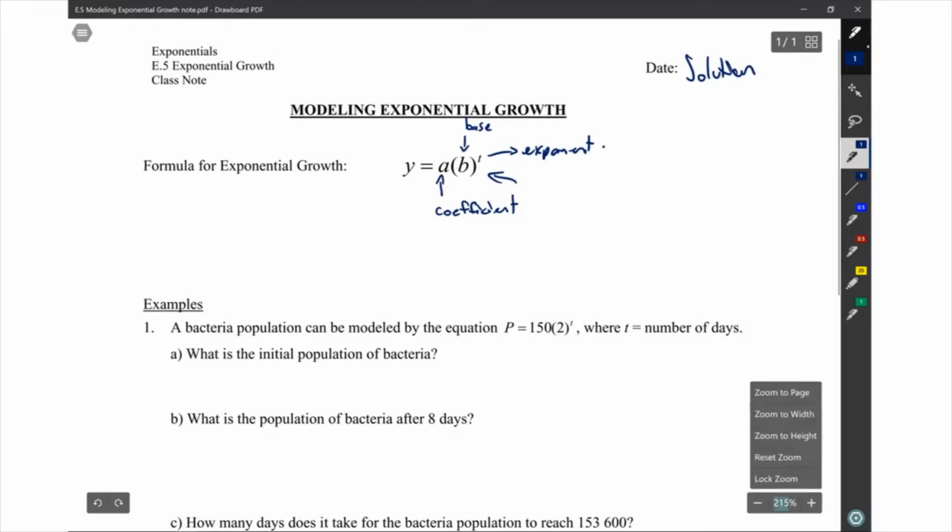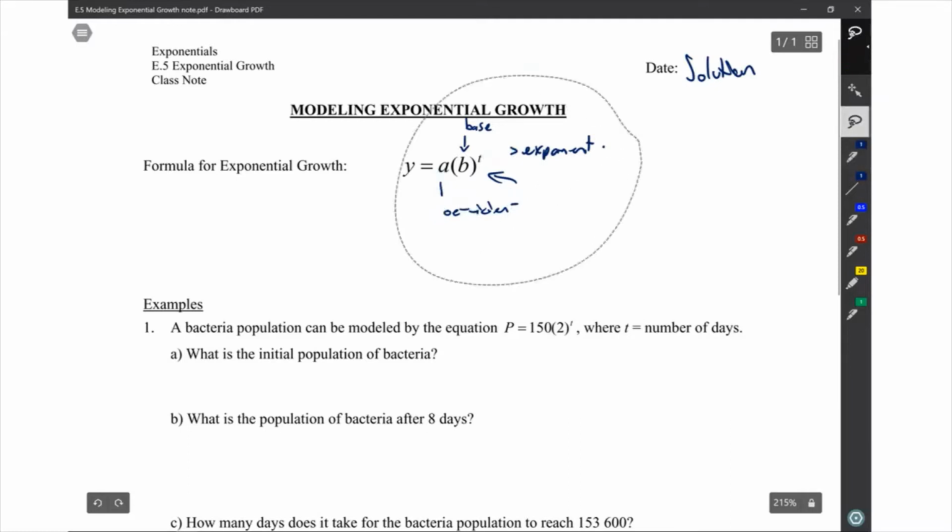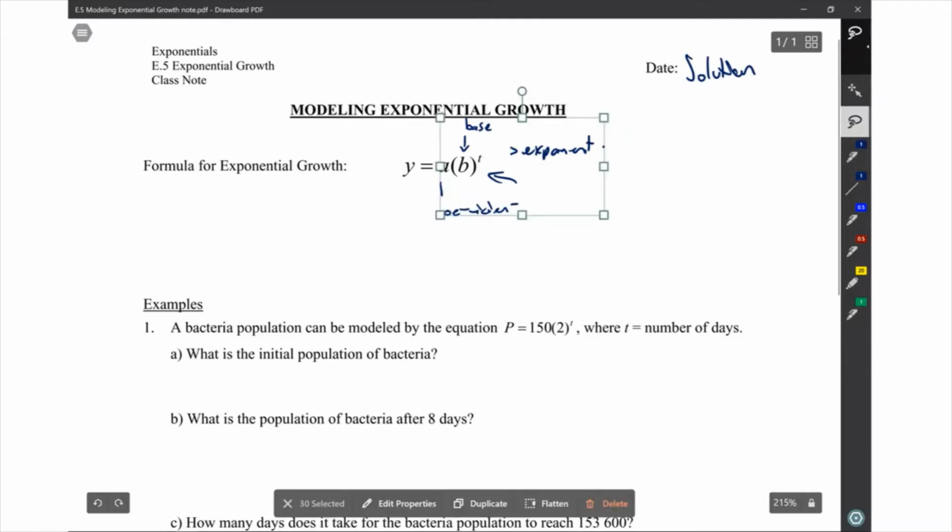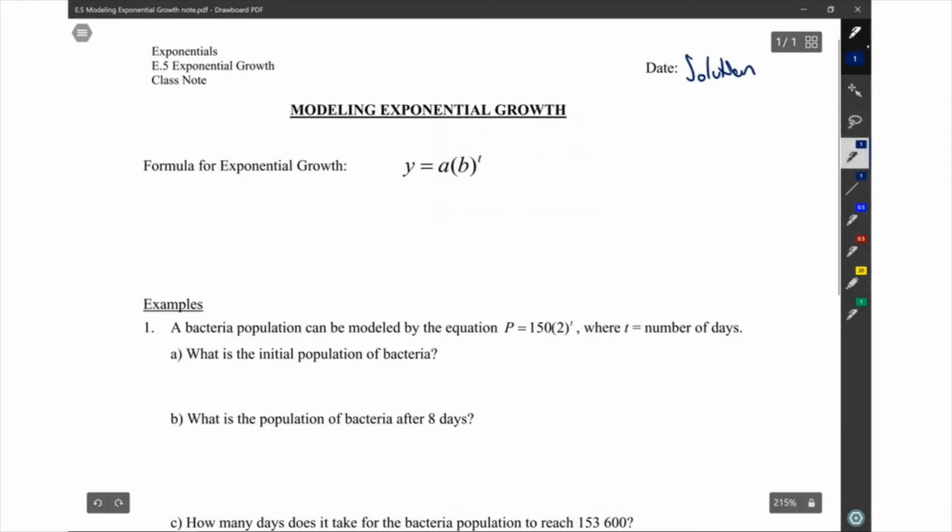So my A value here, we call the growth factor.